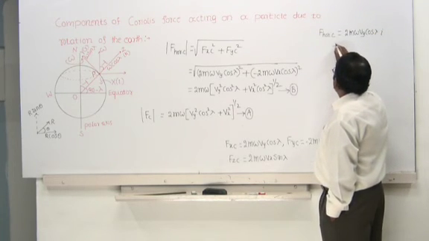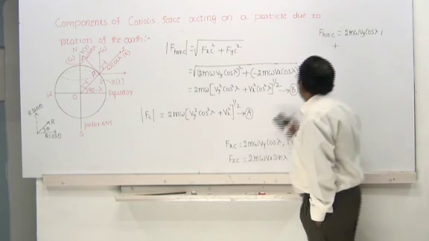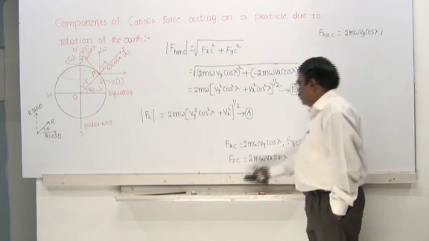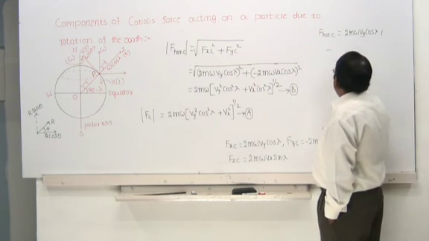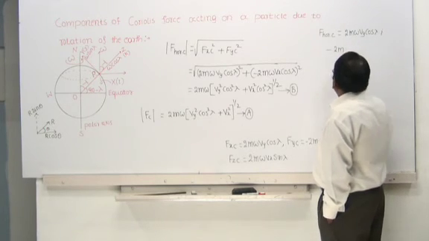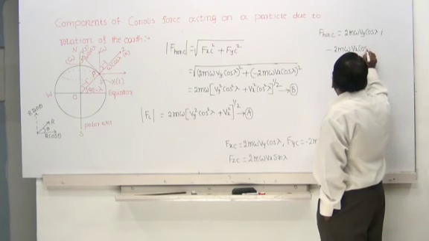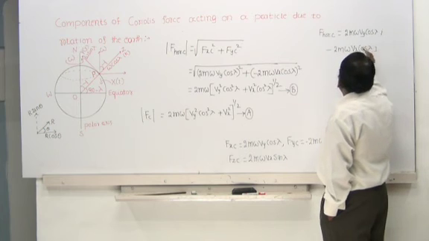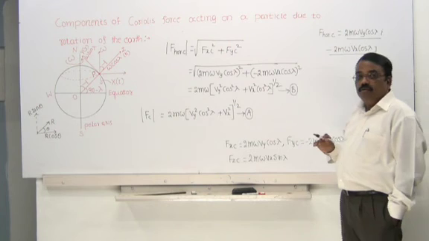So plus, sorry, it is not plus, now it is minus. It is minus 2m omega Vx cos lambda into j. These are the components of the horizontal component.